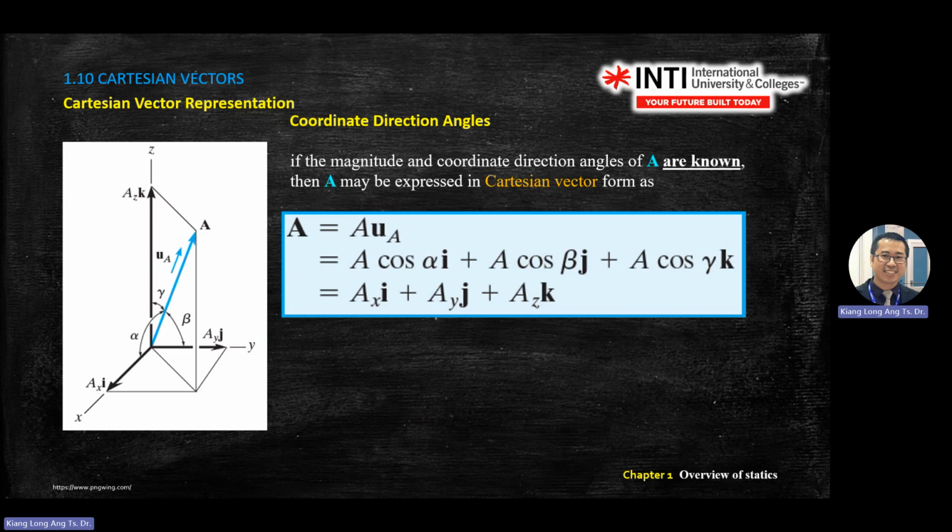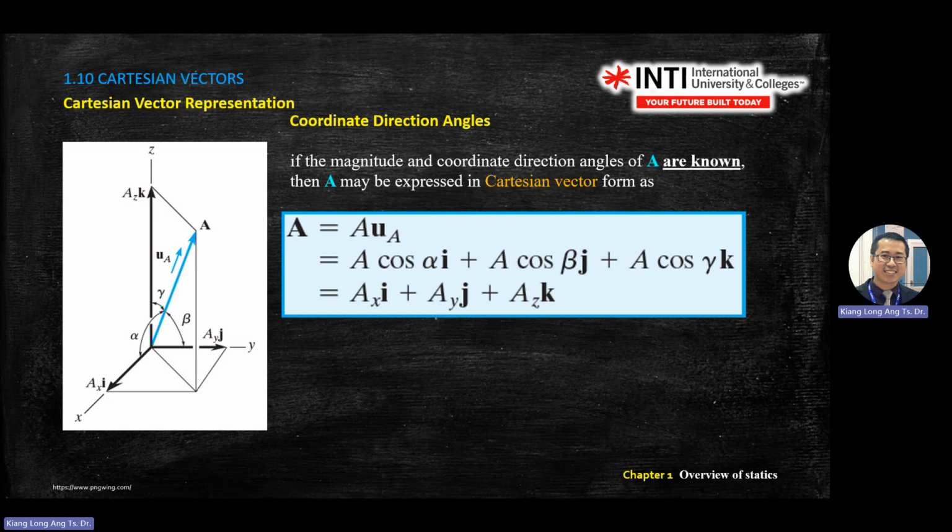Start from today, when the question asks you to use Cartesian vector analysis, you need to write A equal to A UA, or you write F equal to F U, that direction. You need to start to have this habit already. A is a vector. Vector has magnitude and direction. So this is the magnitude of the vector or resultant force.